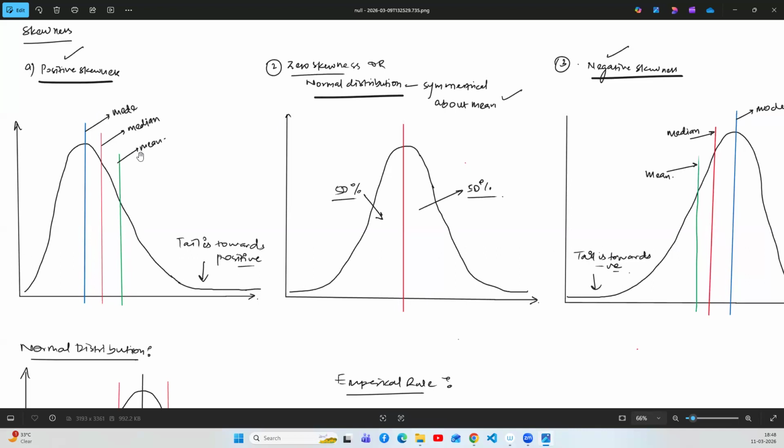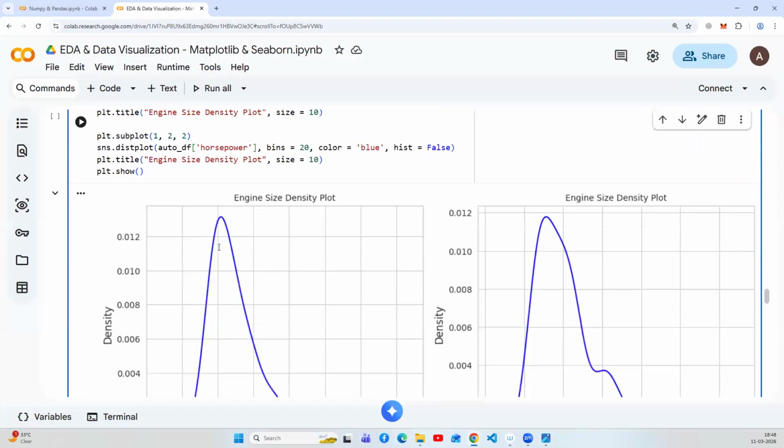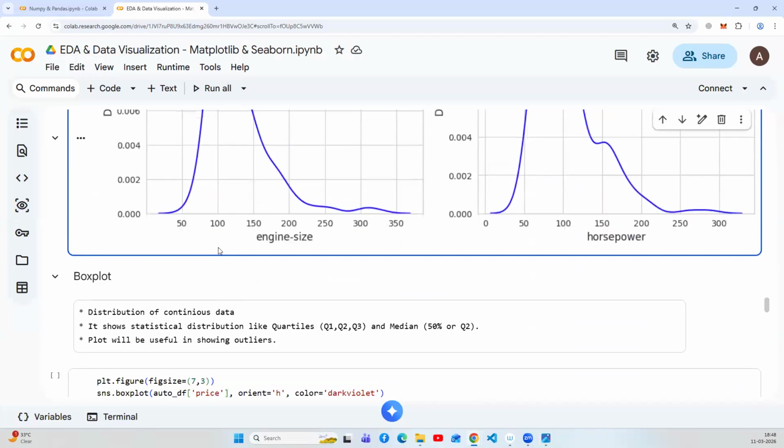In positive skewness, mean will be greater than median, which will be greater than mode, whereas in negative skewness, mode will be greater than median and median will be greater than mean. This is positive skewness, this is negative skewness. So there are three types of distribution that you can show.